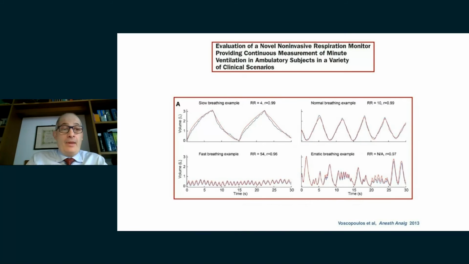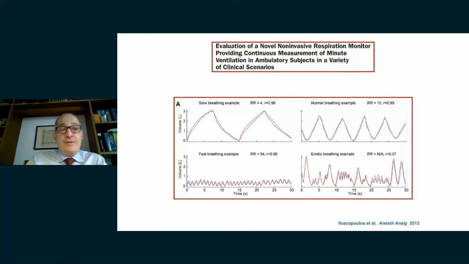This was another study in which spontaneous breathing in different settings was compared to the respiratory ventilator monitor. So during slow breathing, a very low respiratory rate, 4 breaths per minute, normal breathing around 10 breaths per minute, fast breathing, and also chaotic breathing.